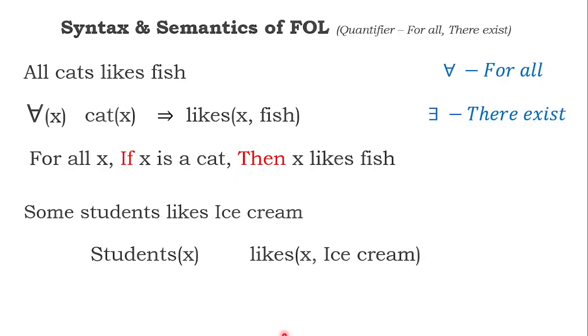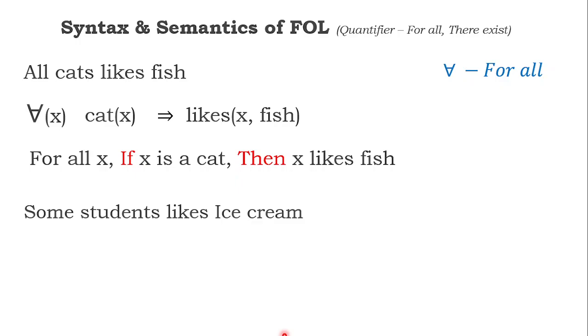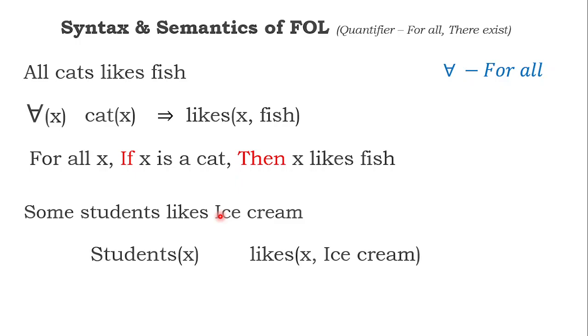Let us recall. Some students like ice cream. Don't use the word some. Students like ice cream: x likes ice cream. Simple logic. Next, who is x? x is a student. All students or few students? Few students. There exists, inverted E, x. Now whenever we bring this, you should bring the conjunction, called and.